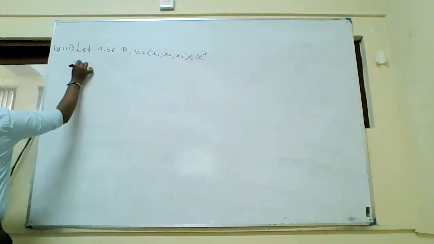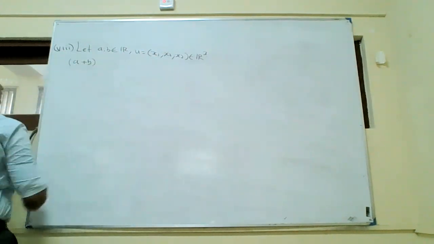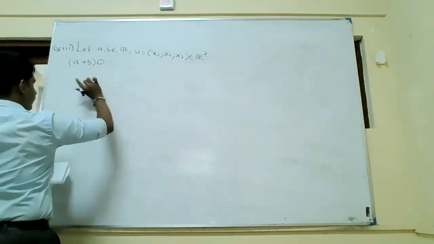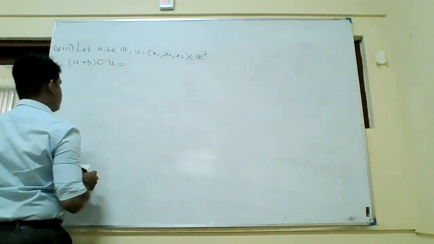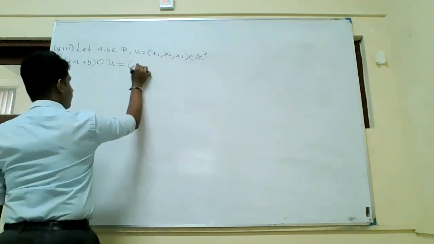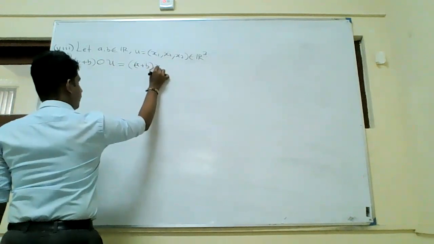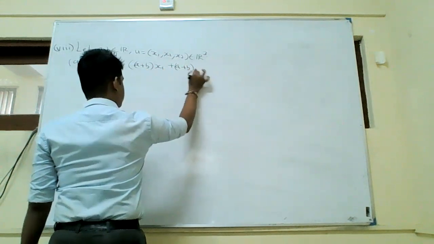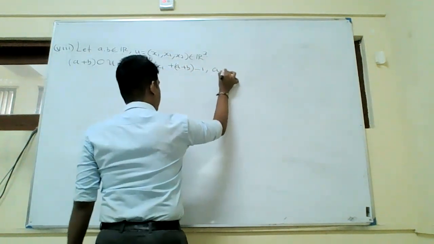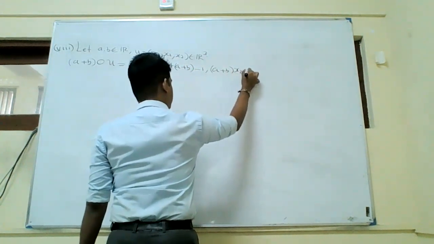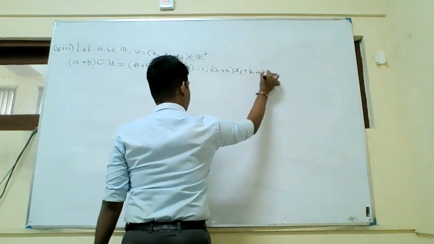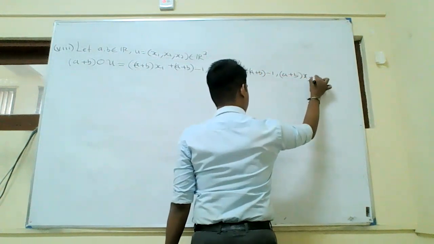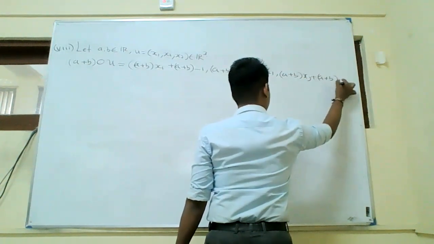So a plus b is general addition, not a vector addition. It is a scalar multiplication of u. So what is the value? (a+b)x1 plus (a+b) minus 1, (a+b)x2 plus (a+b) minus 1, (a+b)x3 plus (a+b) minus 1.